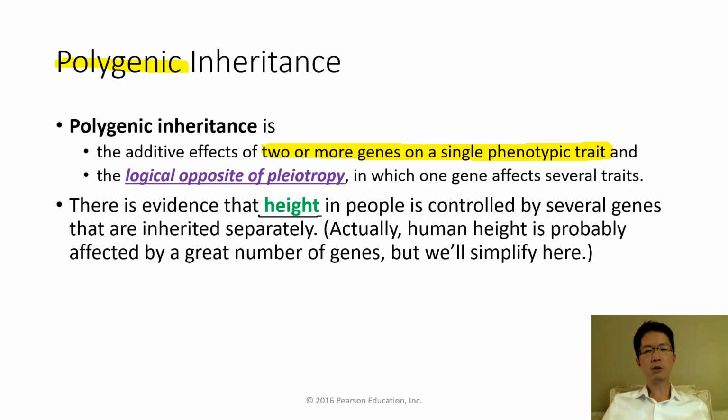So body height in people who do not have achondroplasia is controlled by several genes, and they are inherited separately. It is controlled by a great number of genes, but we just simplify here. You don't need to know too many details about this, as long as you know that body height is basically a polygenic trait. Same as your skin color, and so on and so forth.